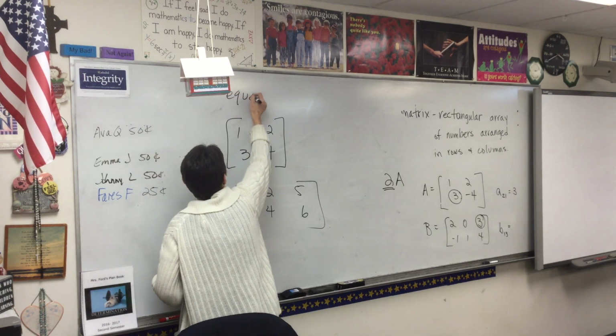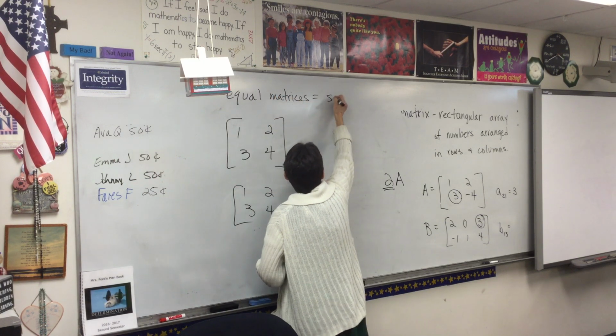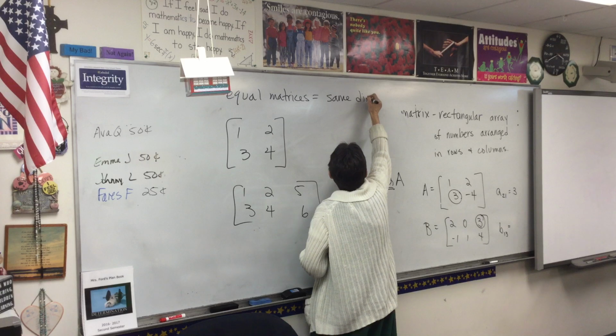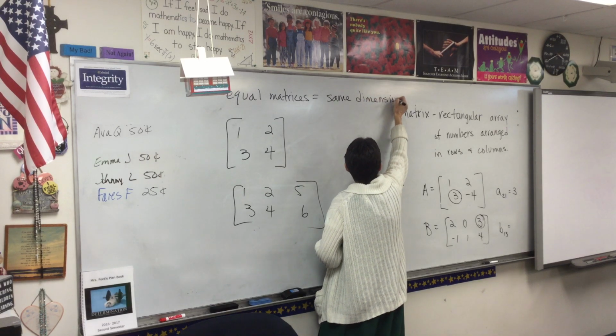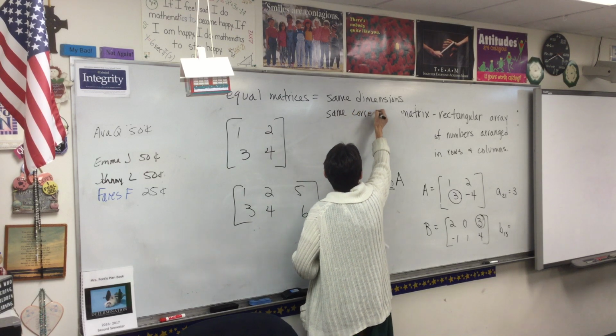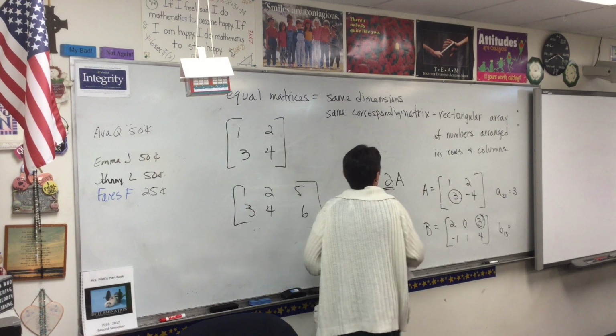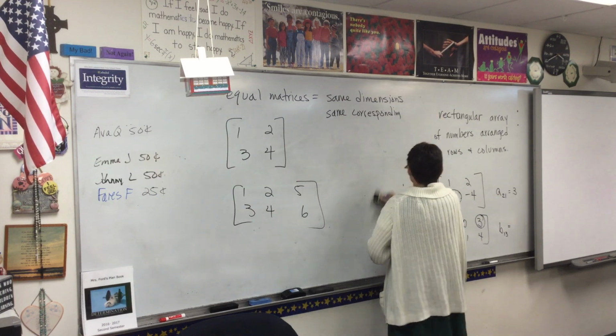So to be equal matrices, they have to be the same dimensions and the same corresponding entries. And what we mean by that is the same numbers in the same spots.